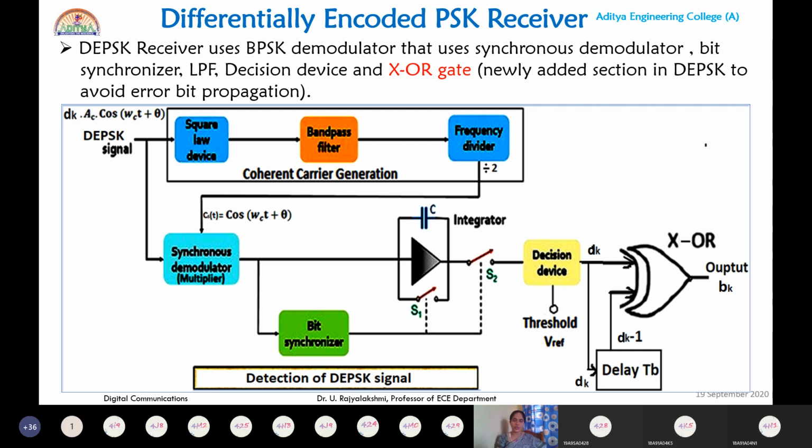This differential decoder uses an XOR gate. It is used to recover the original signal from differentially encoded data. From dk you need to extract bk. So this is about the differentially encoded PSK receiver.